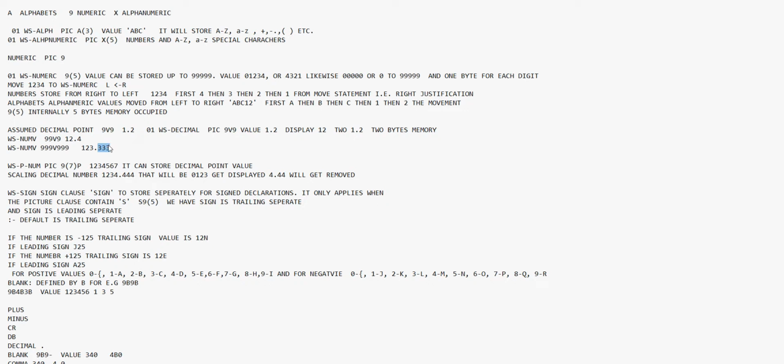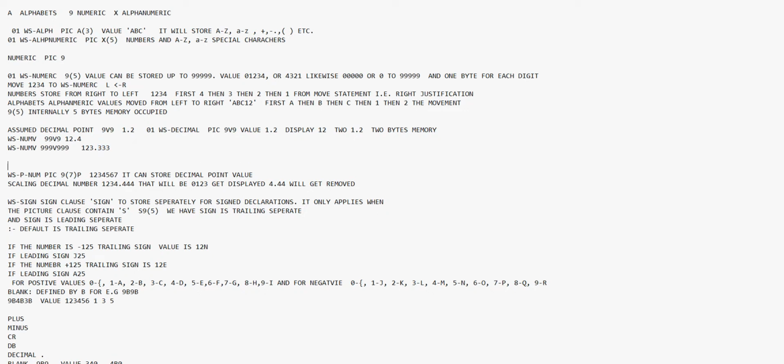We have another assumed decimal, the scaling decimal point. Do remember this is P, which we can mention before or after the length.